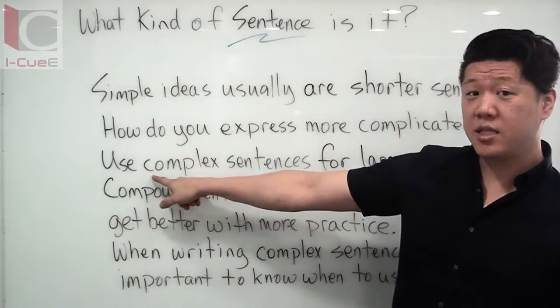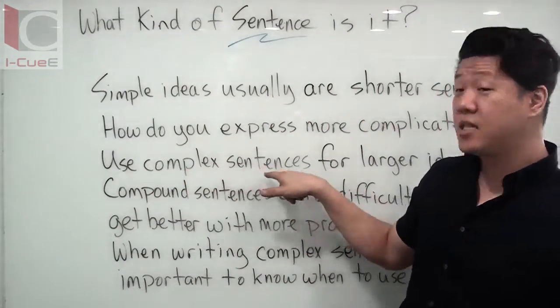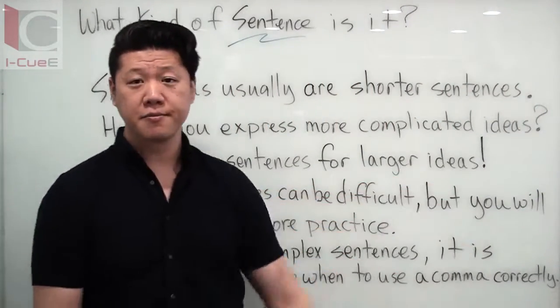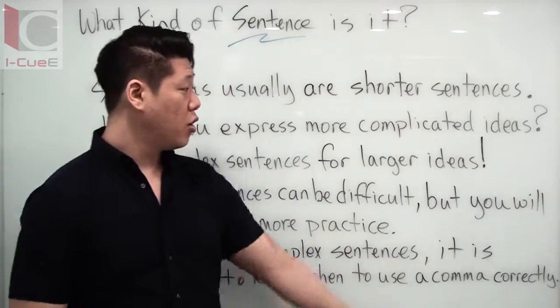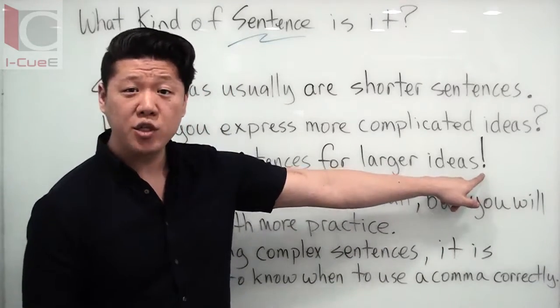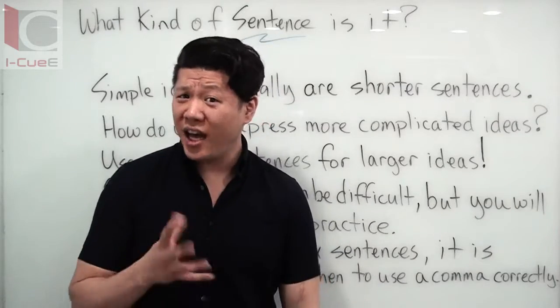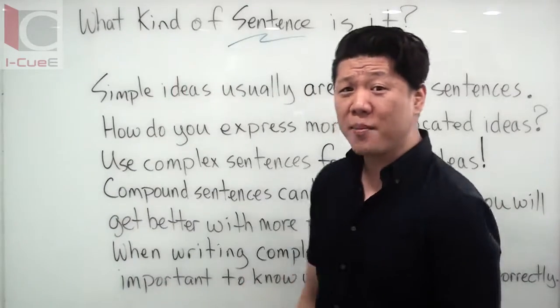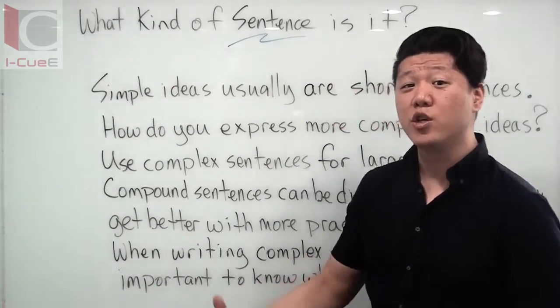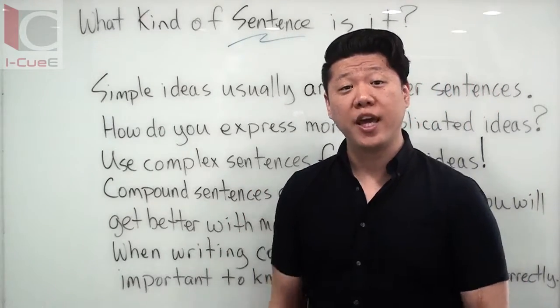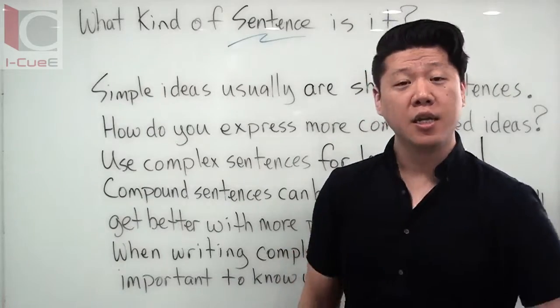Next, what about this sentence? Use complex sentences for larger ideas. What kind of sentence is this? What's the ending? Exclamation mark. So is it an exclamation? Yeah, kind of, but really, what am I starting with? As we said, commands often begin with a verb, not a noun.